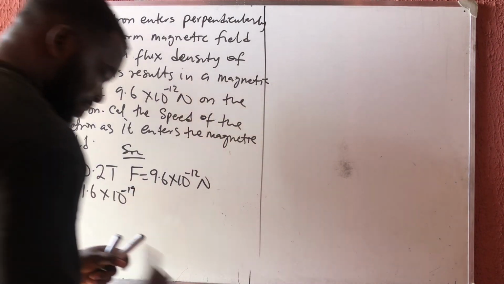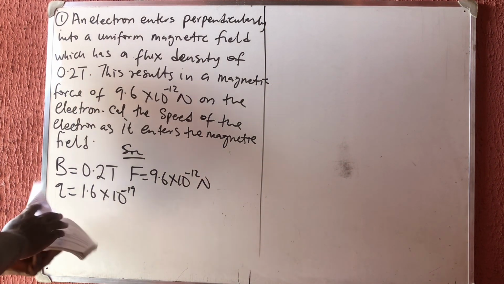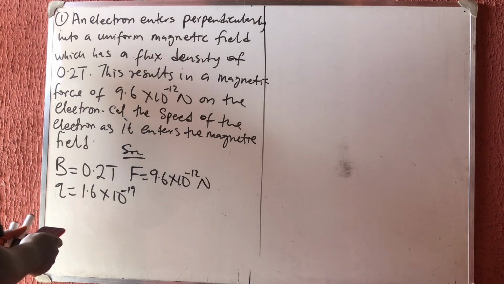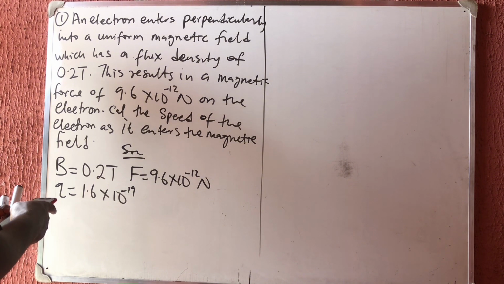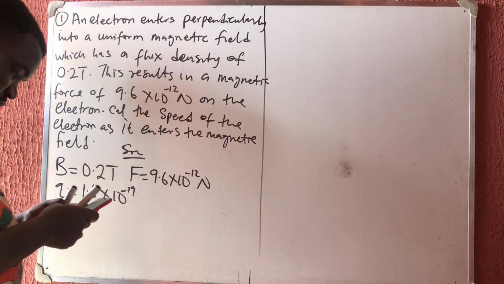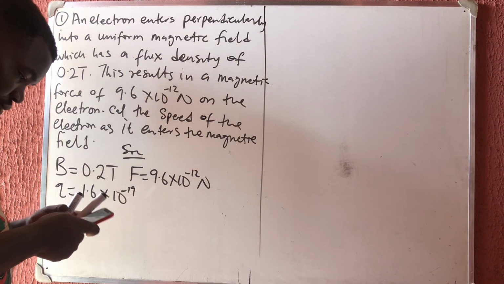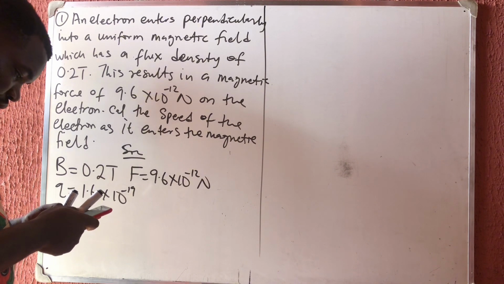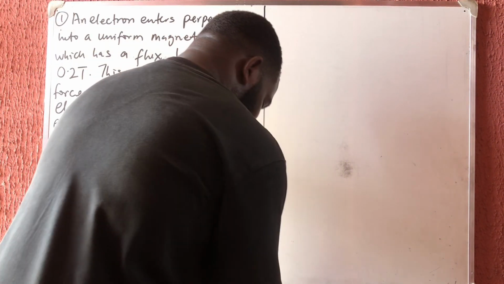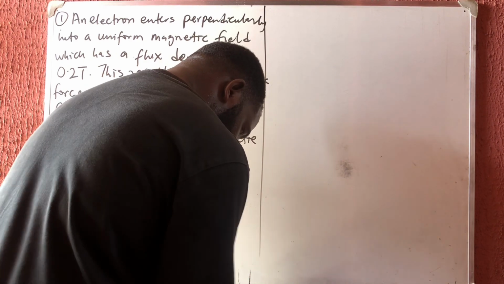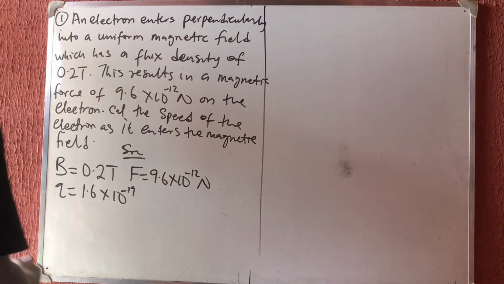But let me be very sure. Let me check from this book. Yes, 1.6 times 10 power minus 19, correct.